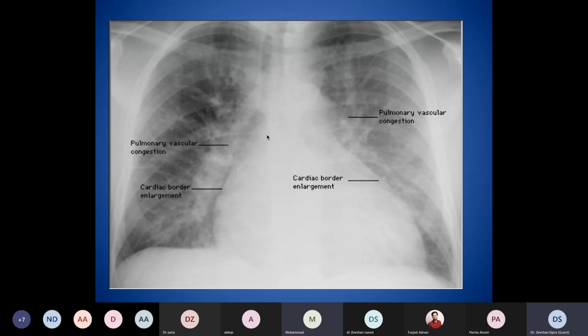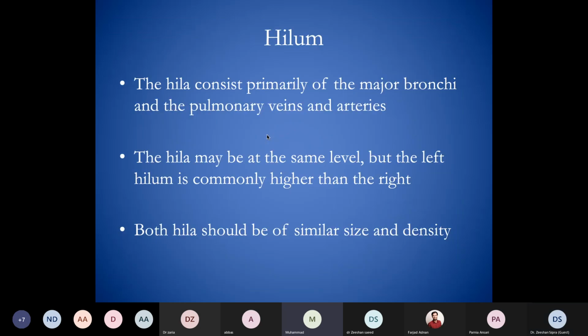Okay, right. So my understanding is that in the next session, we will look into various types of abnormal radiographs with a number of mediastinal abnormalities as well as abnormalities in the lung. Is that true? Yes.